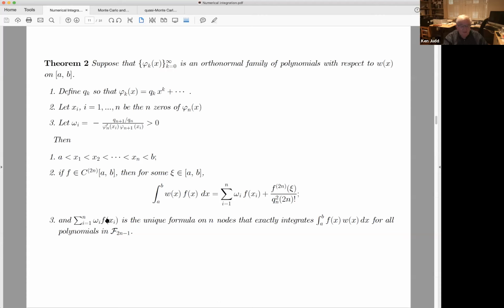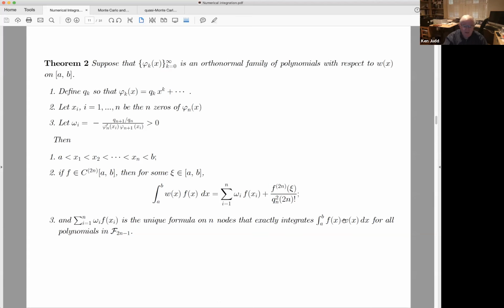And this quadrature formula is the unique formula on n nodes that exactly integrates all degree 2n minus 1 polynomials and integrates with respect to the weight w. So that's the general theory.